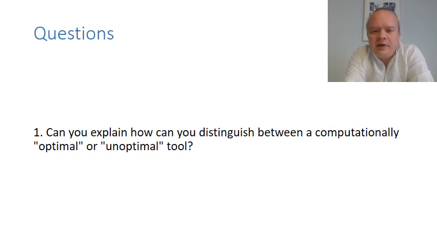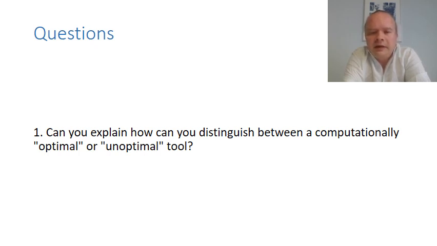First question, can you explain how you can distinguish between a computationally optimal or unoptimal tool? Well, as I mentioned, this is done either in terms of time or space that is required for running an algorithm. But we could also use something else, a measure like computational steps or informational complexity, like Kolmogorov complexity.